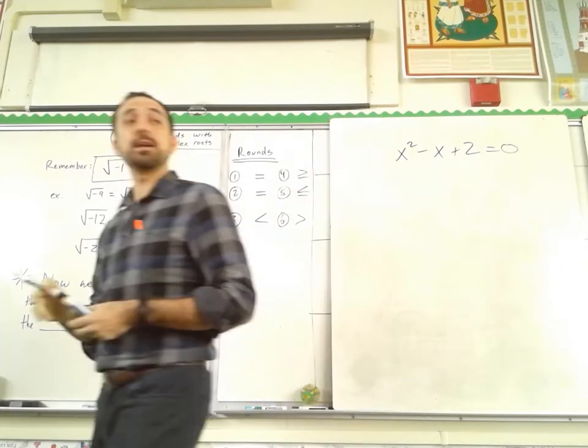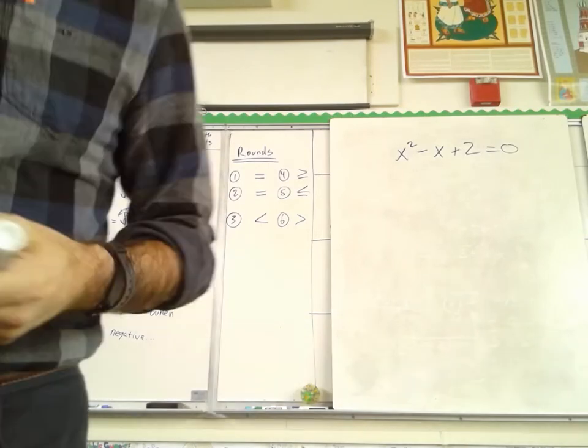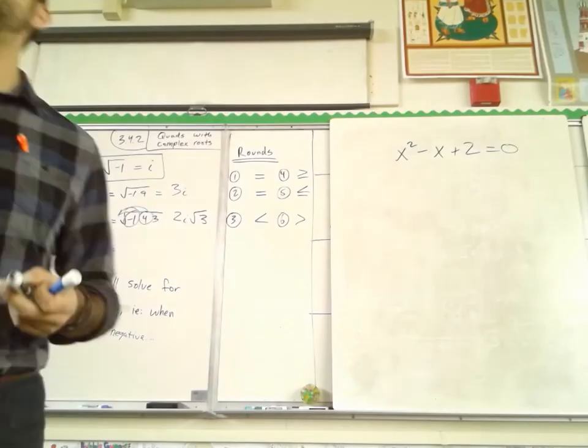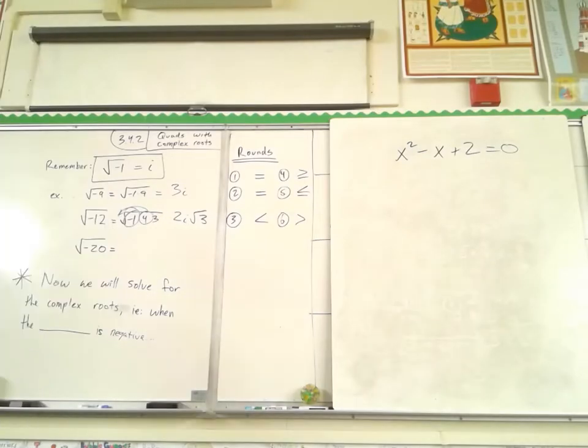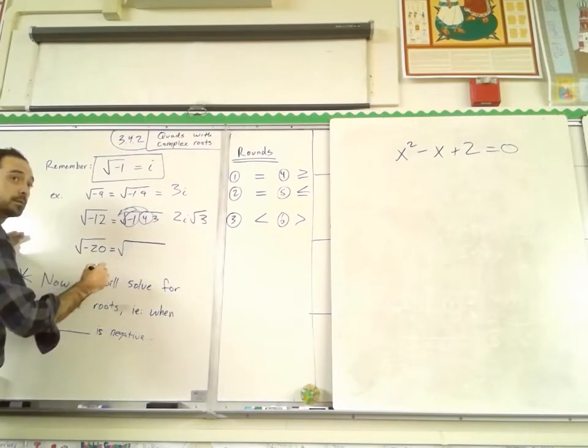Okay, let's bring it back together so you can see it. 2i square root of 5. Here we go. Square root of negative 20. Where should I start? Good. And the negative we can take out just like we had.